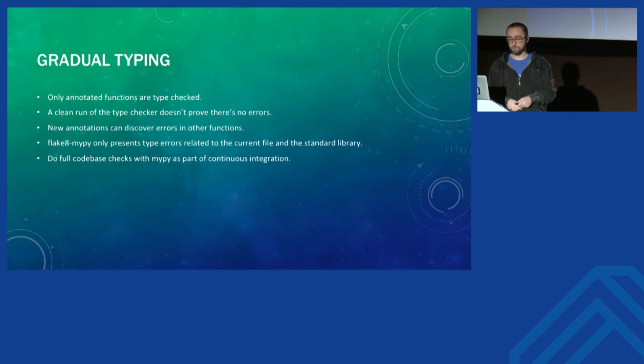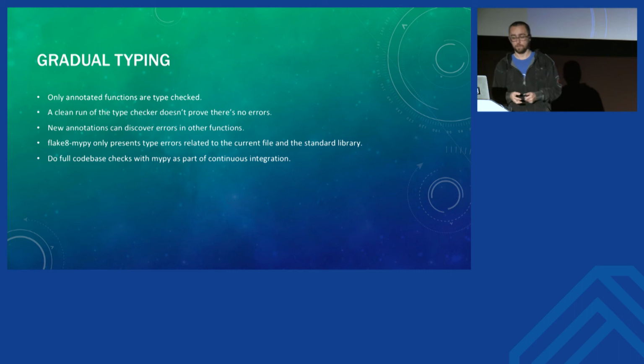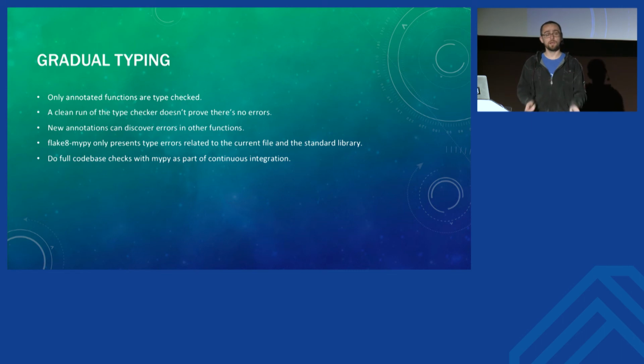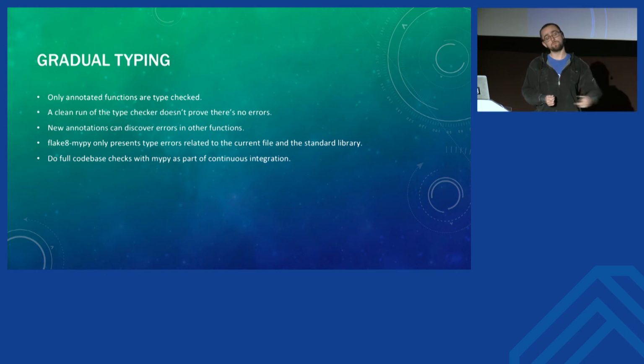So yeah, gradual typing. To sum up, only annotated functions are type checked. A clean run of a type checker is no proof that we're good. It can still be pretty buggy, but because of gradual typing, we don't have the full picture yet. New annotations can discover errors in functions that you annotated before.